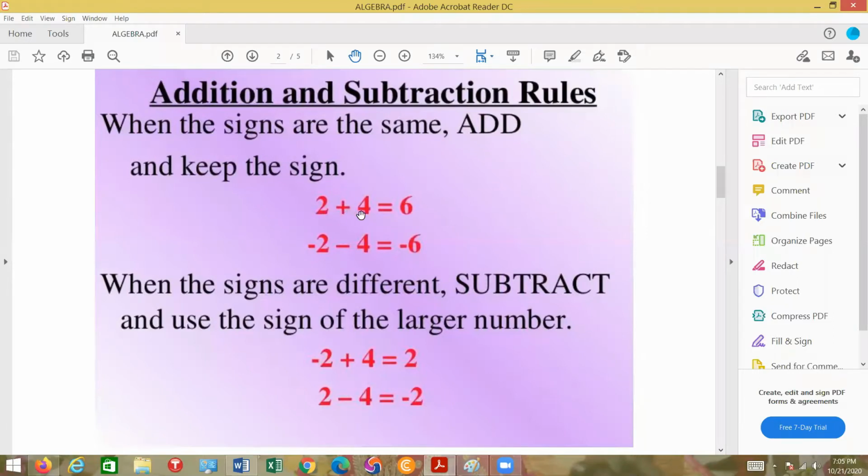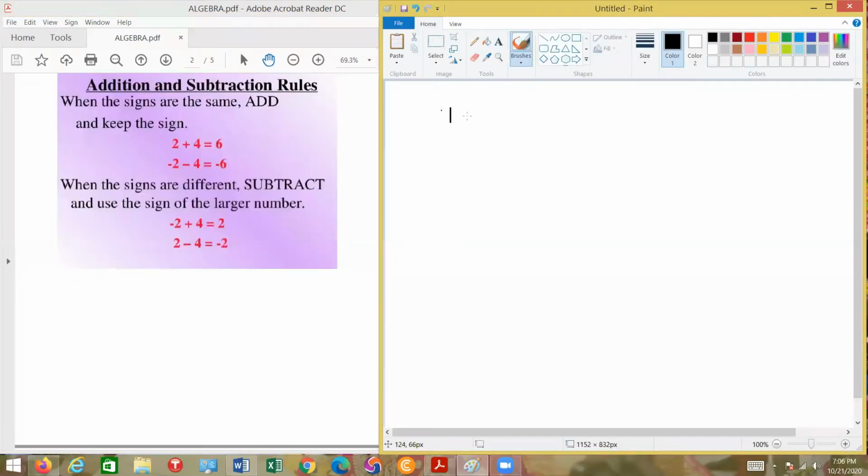So in a case like this, both numbers are positive. Once both are positive, all you do is add and rewrite the sign. 4 plus 2 gives us 6. When they say rewrite the sign, we did not write it here because positive 6 and 6 by itself simply mean the same thing, they have the same value.